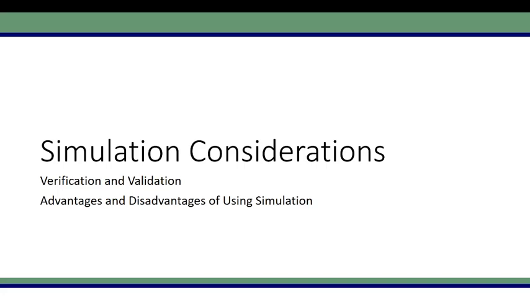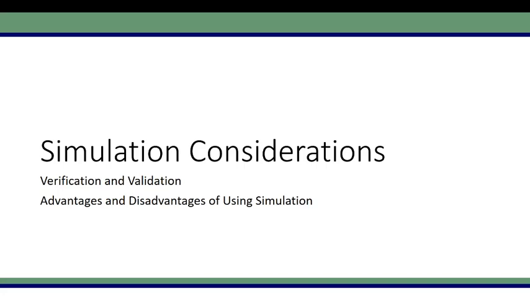So now let us look at the simulation considerations. How will you verify or know that your simulation is correct? An important aspect of any simulation study involves confirming that the simulation model accurately describes the real system.